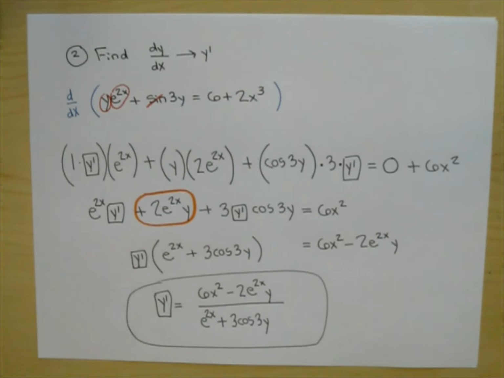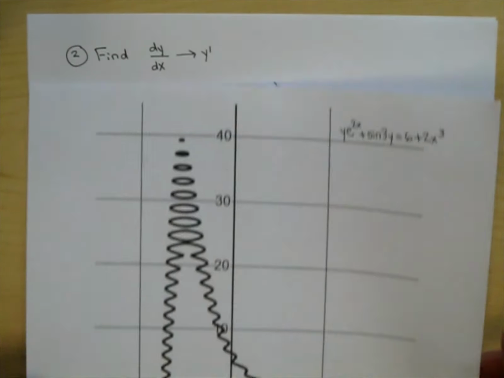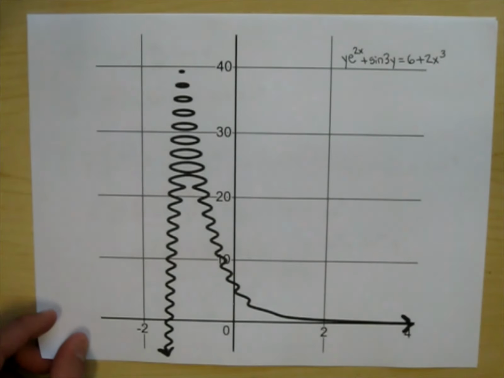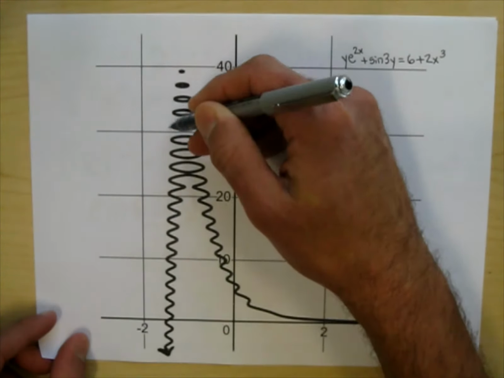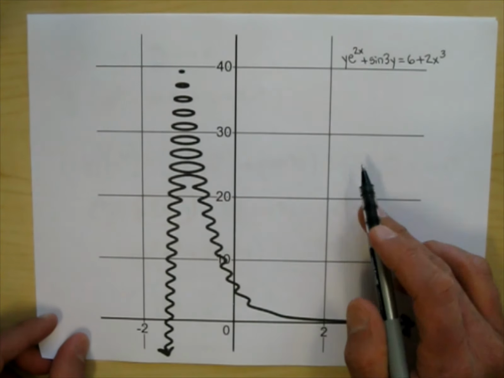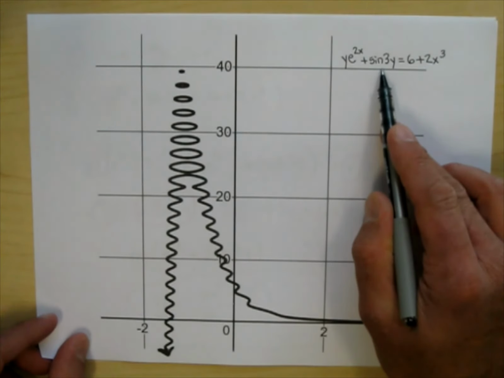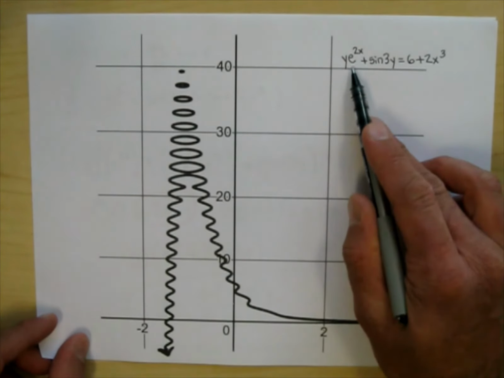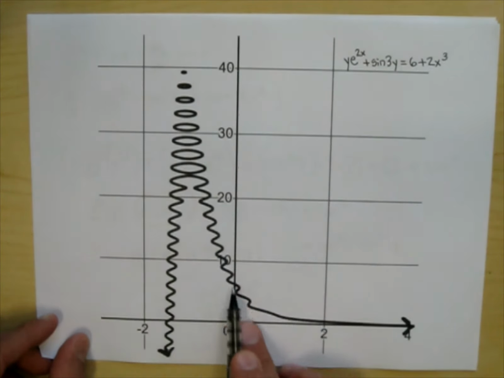So here is what the graph looks like. Wow. So we get some wiggling happening. Obviously, it's not a function. It doesn't pass the vertical line test. Why is the wiggling happening? Well, it's because of the sine, and then you have an e to the 2x, which you can kind of see.